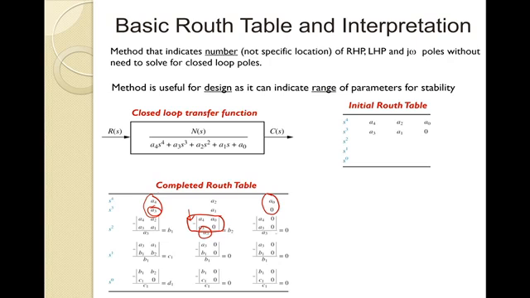Similarly here, notice I'm always dividing by A3 in the s^2 row. Notice also my first column is always the same. What is changing is my second column. And what you'll see is that second column is 1 over this, 1 over this.